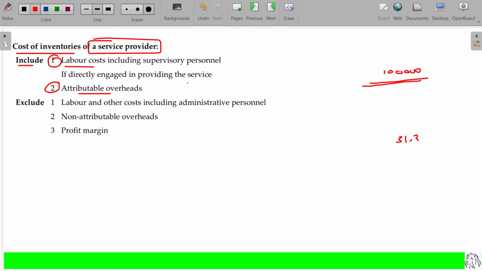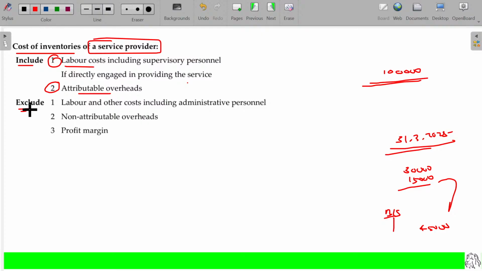As on 31st March 2025, the year end, almost 30,000 rupees worth of labor is incurred by us, and related to that service, I have already spent almost 15,000 rupees. Then in my balance sheet, I can show 45,000 as my inventory value of these services. Once the work is completed, I raise the invoice and collect the 1 lakh rupees, no problem here.